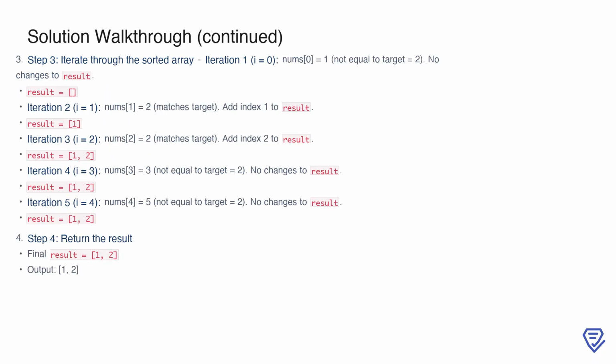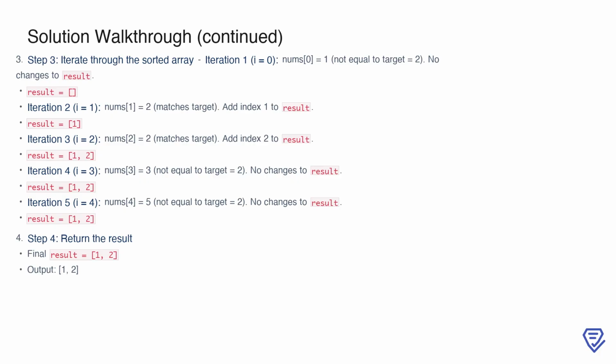Now, we iterate through the sorted array and check each element against the target value. In the first iteration, the value at index 0 is 1, which does not match the target value of 2, so no changes are made to result. In the second iteration, at index 1, the value is 2, which matches the target, so we add index 1 to result. In the third iteration, the value at index 2 is also 2, so we add index 2 to result as well.